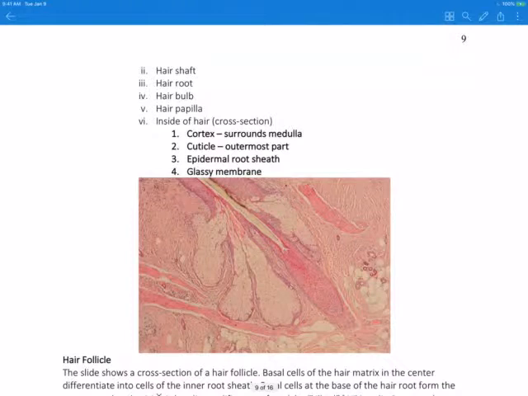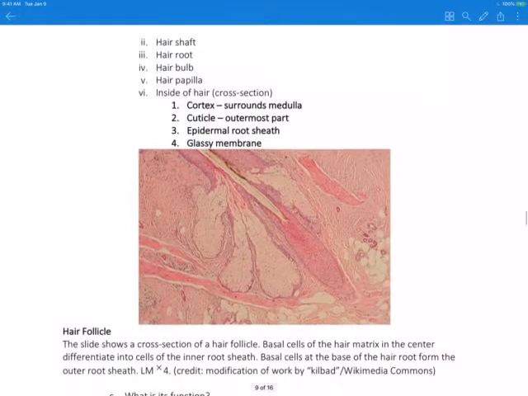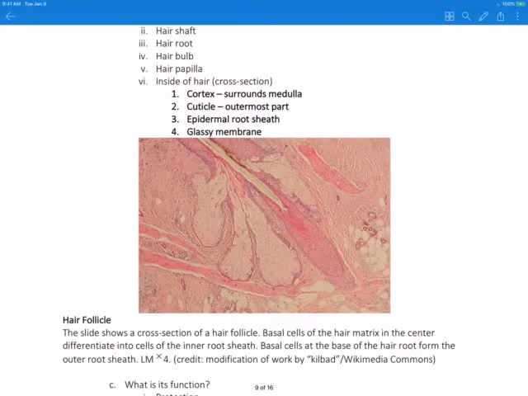The glassy membrane is this thick, clear connective tissue sheath covering the hair root, and it connects the hair follicle to the dermis. Here, you're looking at a cross-section of a hair follicle. You can see basal hair cells of the hair matrix in the center. They differentiate into cells of the inner root sheath, and the basal cells at the base of the hair root form the outer root sheath.